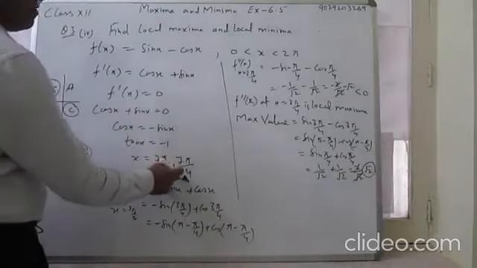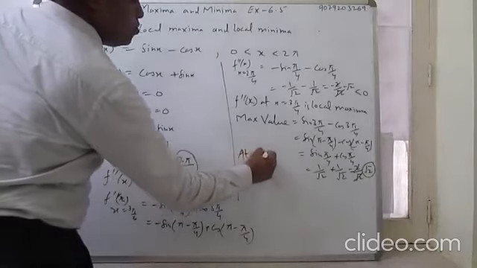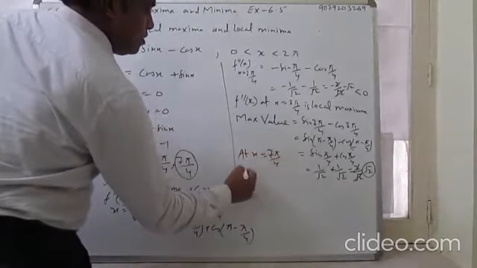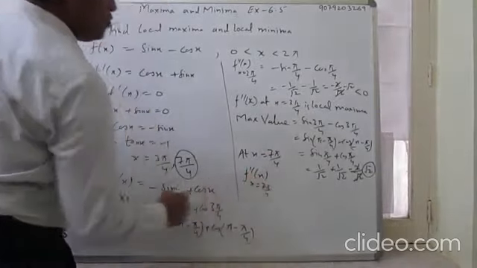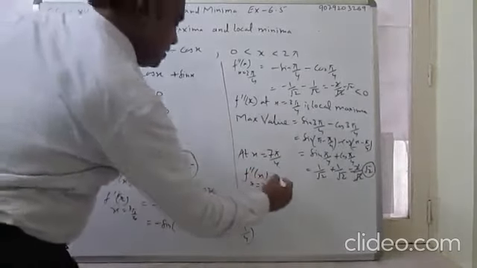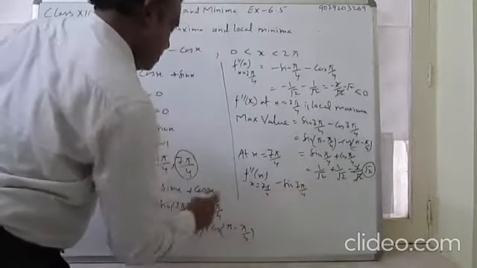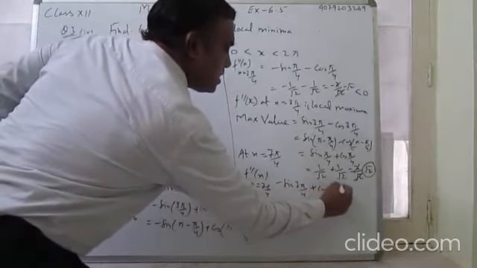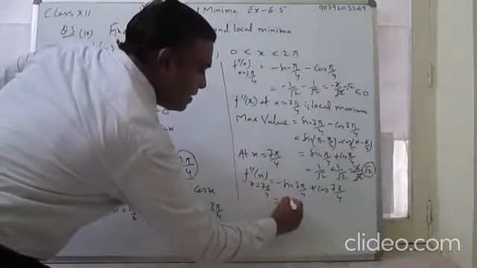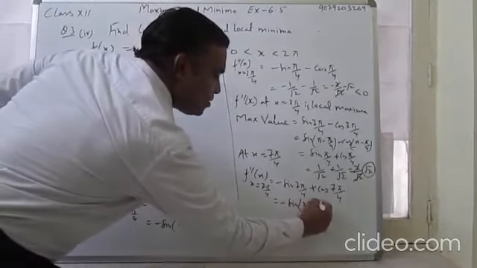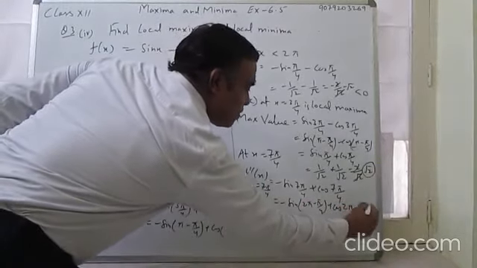Now I will check at x is equal to 7 pi by 4. So f double dash x at x is equal to 7 pi by 4 is minus sin 7 pi by 4 plus cos 7 pi by 4. You can write minus sin of 2 pi minus pi by 4 plus cos of 2 pi minus pi by 4.